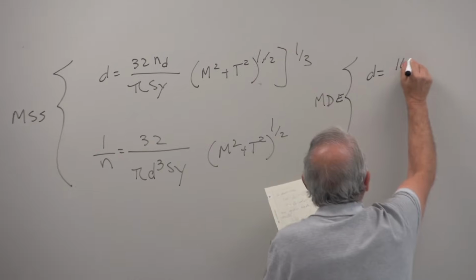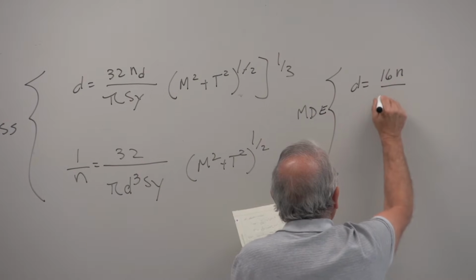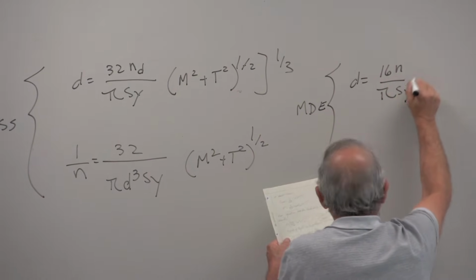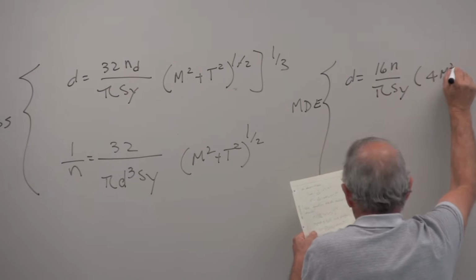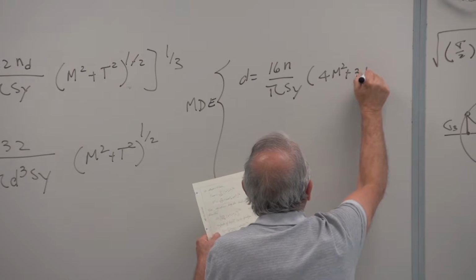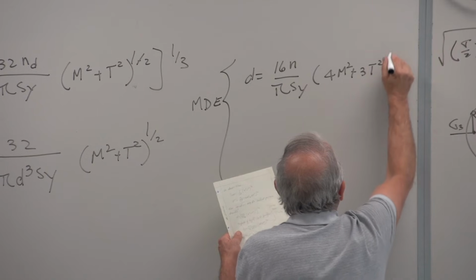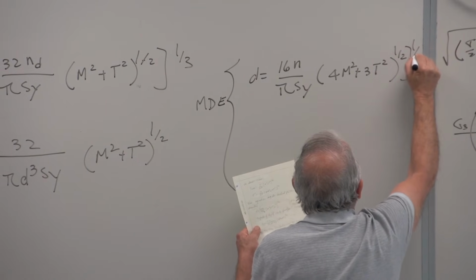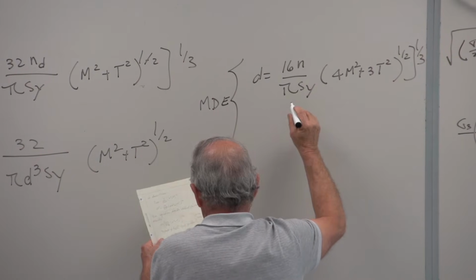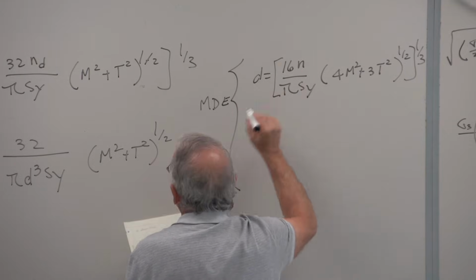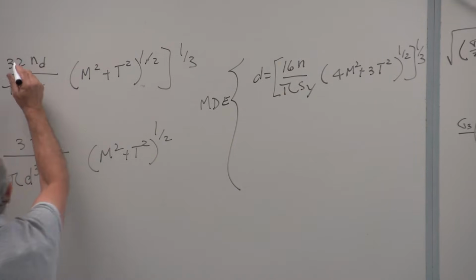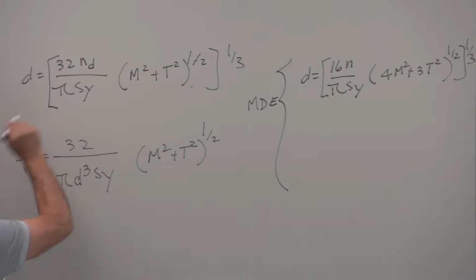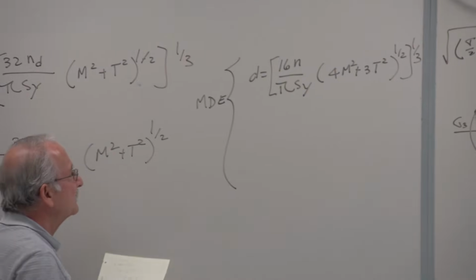D equals (16n divided by pi sy times (4m squared plus 3t squared) to the 1/2) to the 1/3, like so. I need this bracket over here as well, like that.